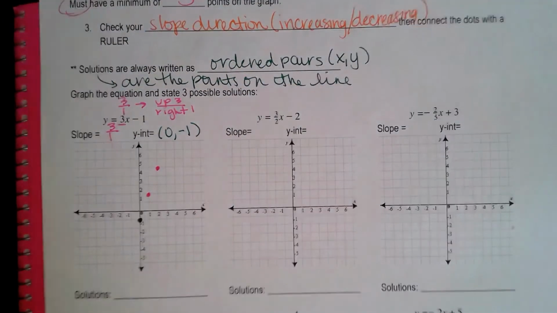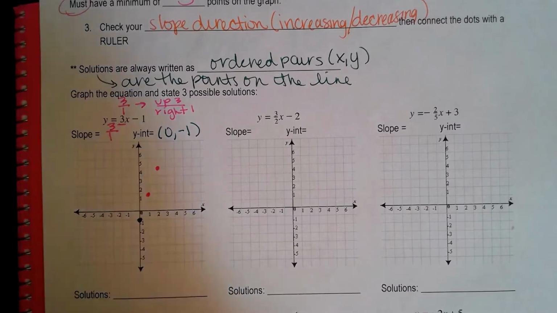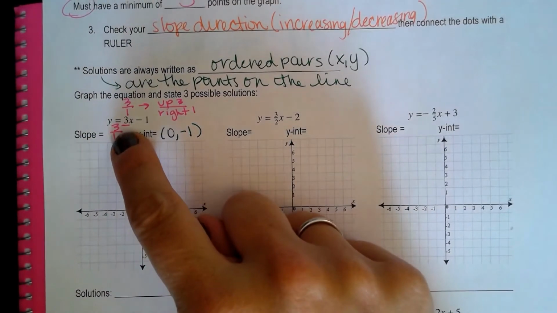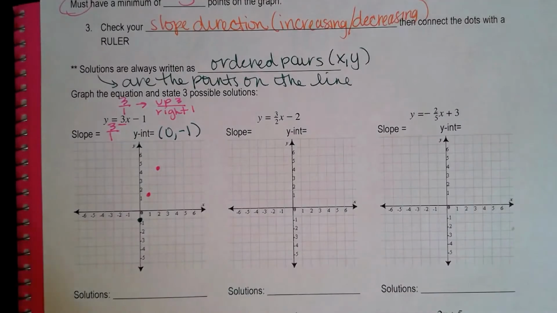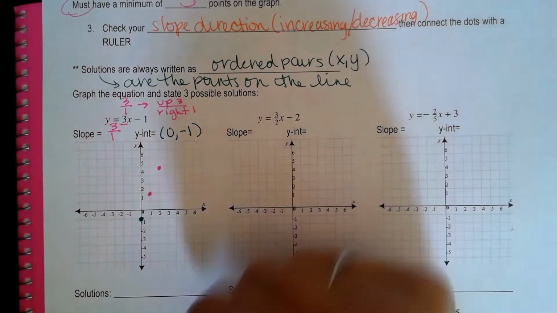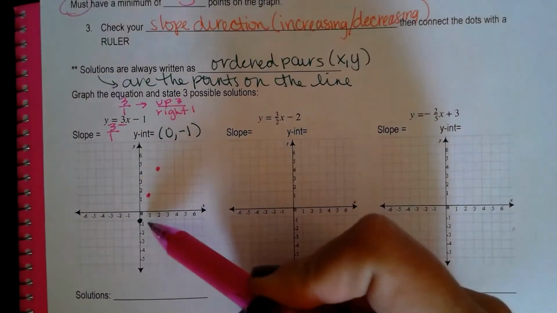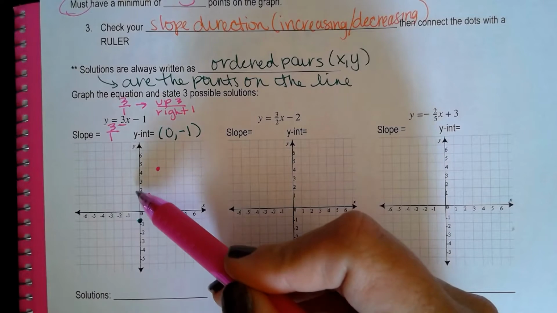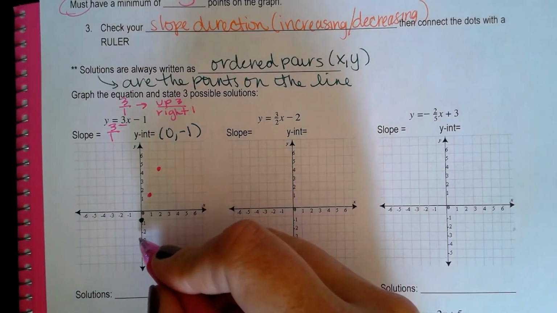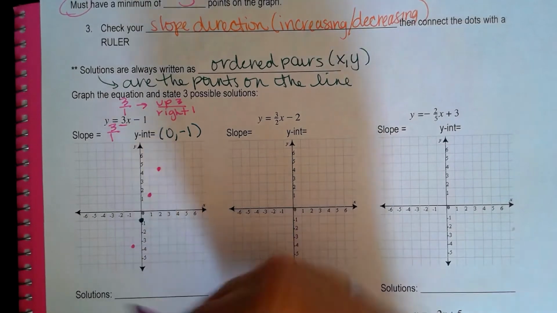And then I'm going to do a visual check again. My slope was positive. Positive means it should be increasing. So is this increasing from left to right? And hopefully say, yes, it is. And remember, let's say I had run out of room. Instead of up 3, right 1, I could have also gone down 1, 2, 3, left 1.